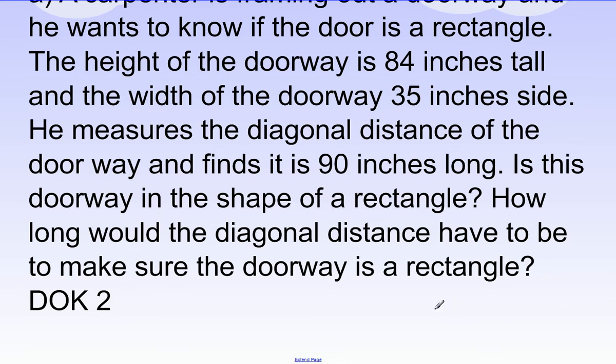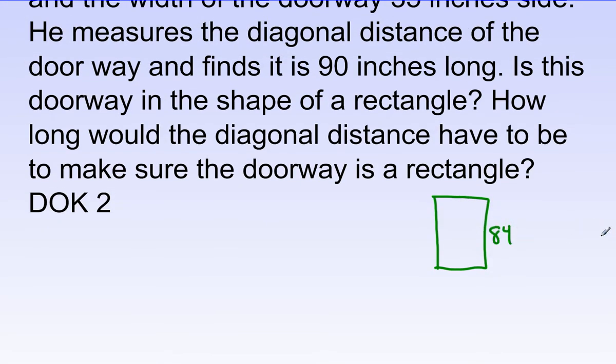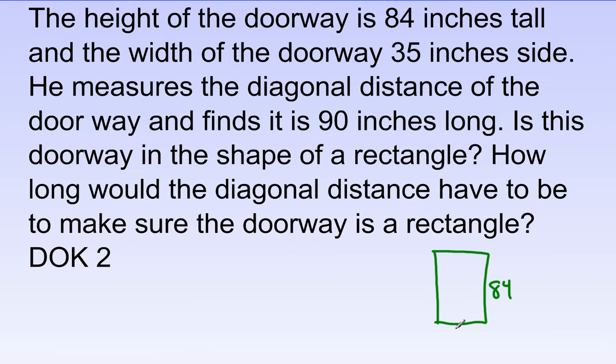I need a picture. So the height is 84, and the width is 35. So there's my door. He measures the diagonal distance of his door and finds it's 90 inches. Is this doorway in the shape of a rectangle?